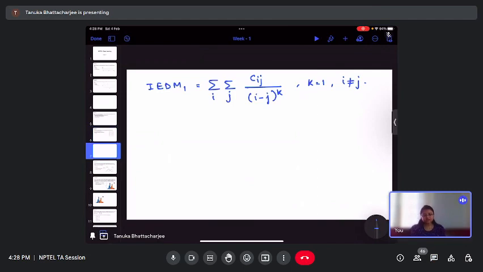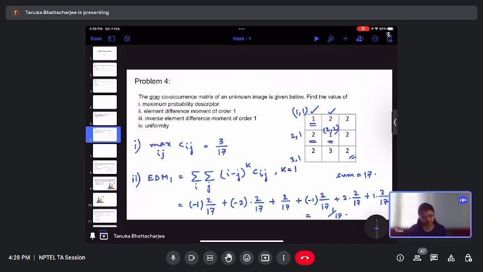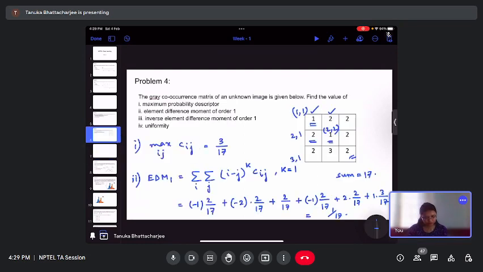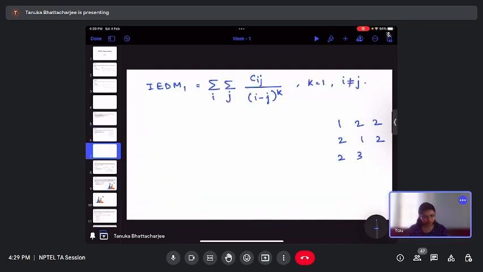So, similarly, we can compute the inverse element difference moment. Let me just take this down. 1, 2, 2. So, this was the matrix. Can anyone compute and tell me the answer for this?